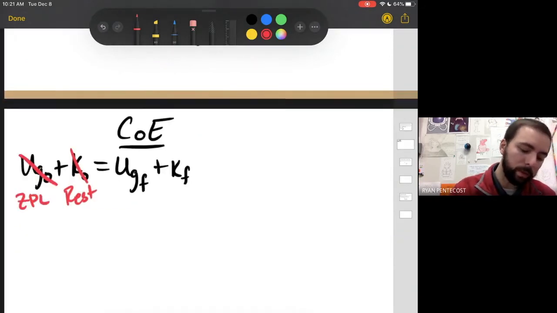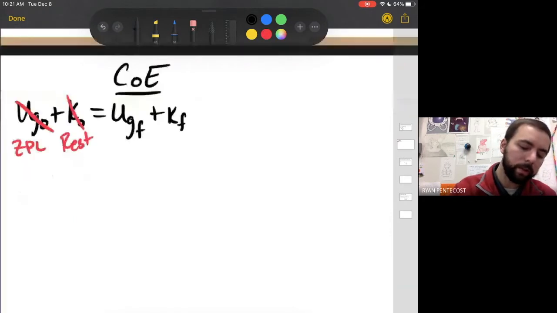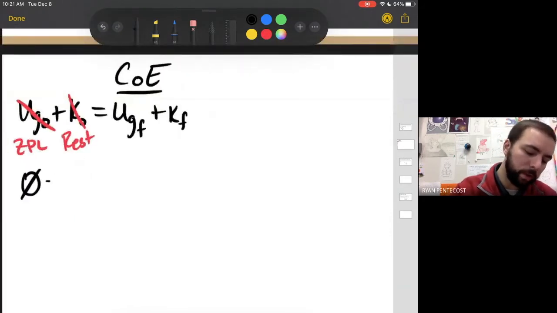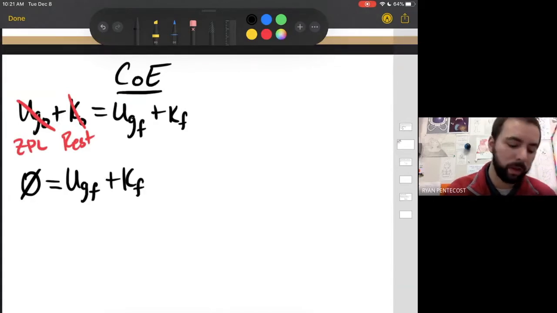Okay, that's our ZPL. Now, this gives us an interesting scenario given our conservation of energy. Okay, so this is a new scenario we haven't done before. You start off with 0 energy, and that splits off into your UGF and KF. Now, I'm going to show you a little demonstration.